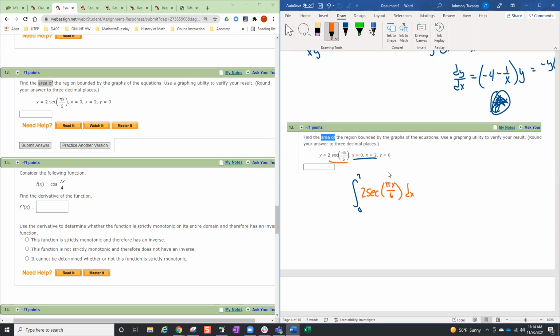So we can find this. Do we know the antiderivative of secant? What has derivative equal to secant? We don't know that, do we?